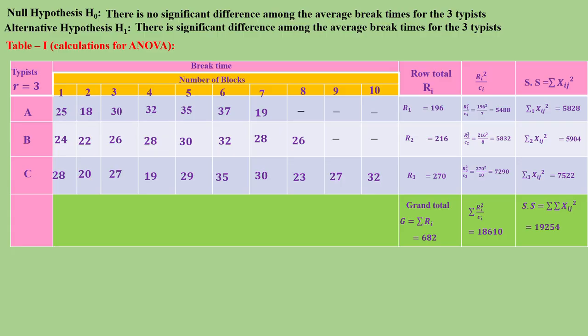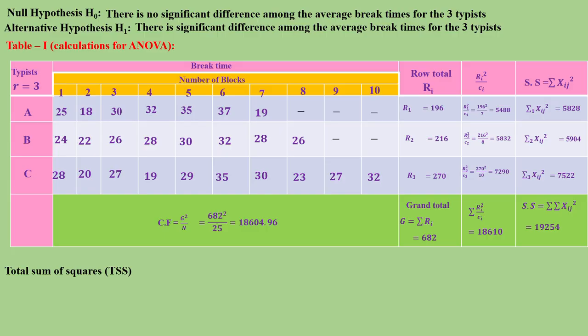This is the sum of squares of the given data. Next correction factor formula, G square by N. G we know, that is 682, square by N we know 25, so you will get 18604.96. Then we have to find the total sum of squares, which we are going to use in the ANOVA table.